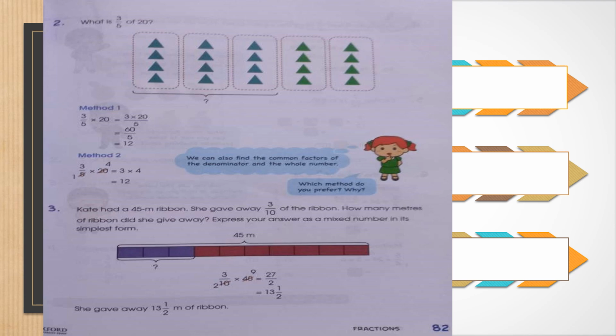Further simplifying it into another form, we have 13 whole number 1/2, which is again equal to 13 into 2 is 26 plus 1 is 27 divided by 2. So this is the portion that she actually gave away of the ribbon.